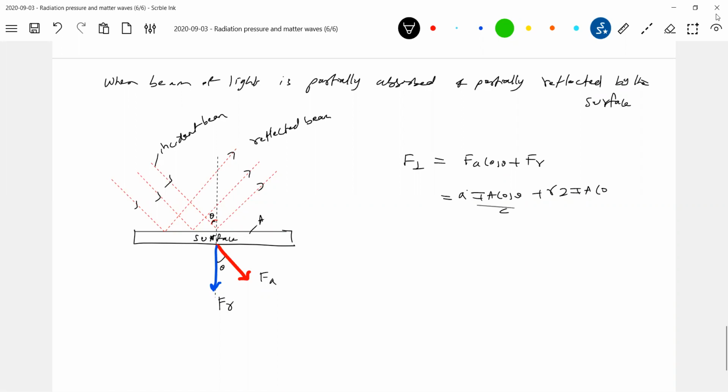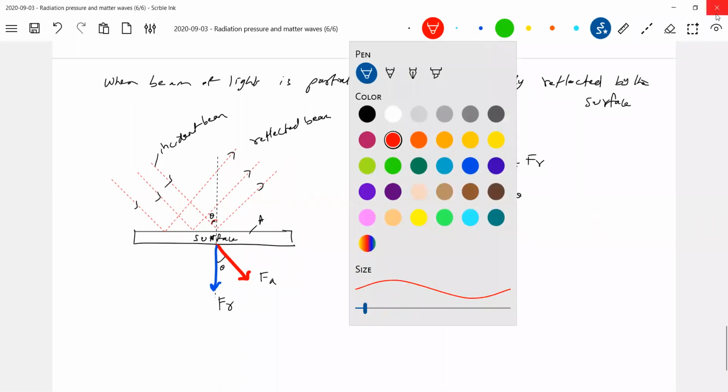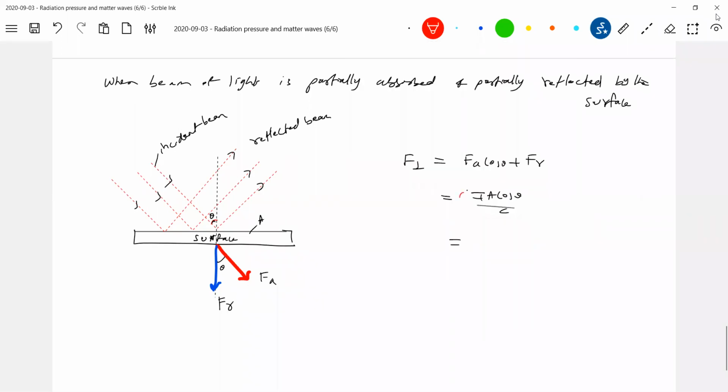For reflection, with reflection coefficient R, cos square theta by C into cos theta. Please don't derive it again, since we know it already.